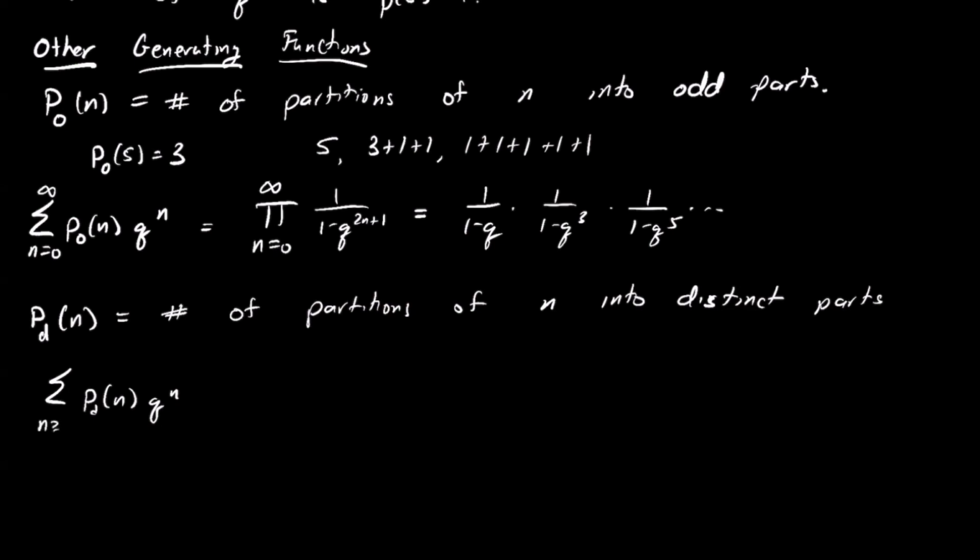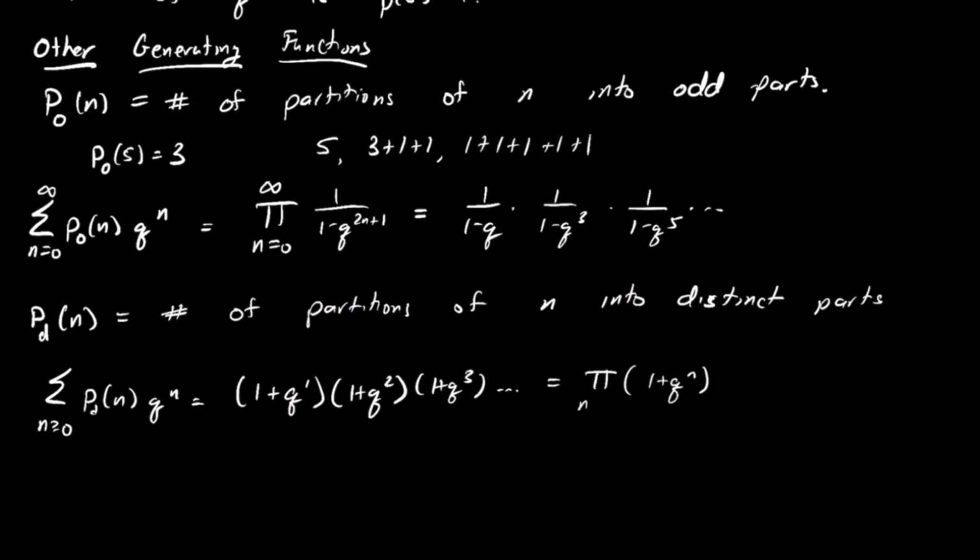So another thing I can do is I could say, okay, well, if I only want to include at most one 1, I'll write 1 plus q to the 1, right? I'm not going to include the q to the 1 plus 1 because that would introduce two 1s into my partition. 1 plus q squared, that restricts how many 2s can appear. 1 plus q cubed, that's going to restrict how many 3s can appear, and so on and so forth. And the thing I might notice is that this is the product of 1 plus q to the n, where n goes from 1 to infinity. So this is our generating function for PD of n.